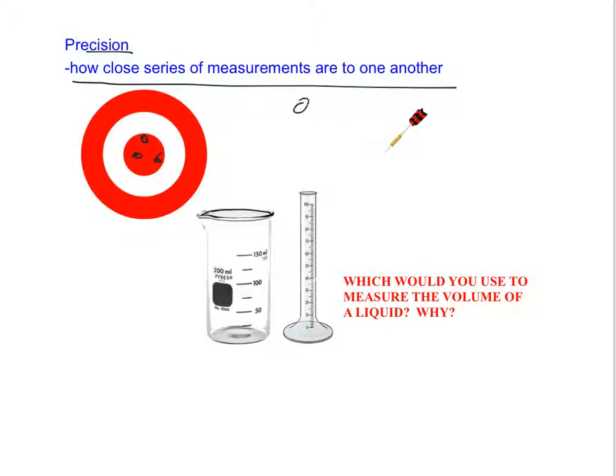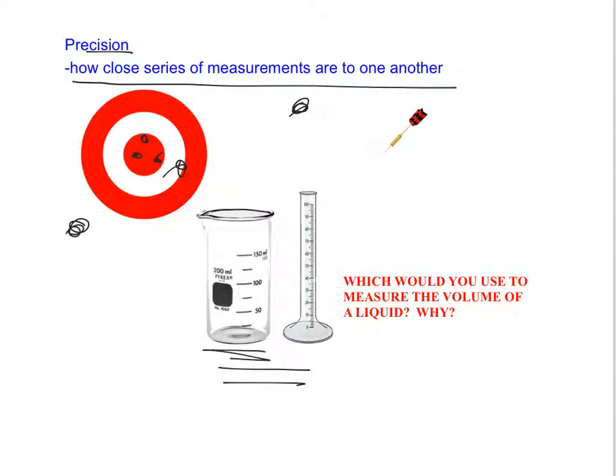However, if you hit 1 over here, 1 over here, and 1 on the target, obviously that would not be very precise. Now, when this comes to using some equipment, what we're going to see is that we've got different pieces of equipment in the laboratory that we're going to be using, and we're going to always try and choose what is most precise for that experiment or for what it is that we're trying to measure.